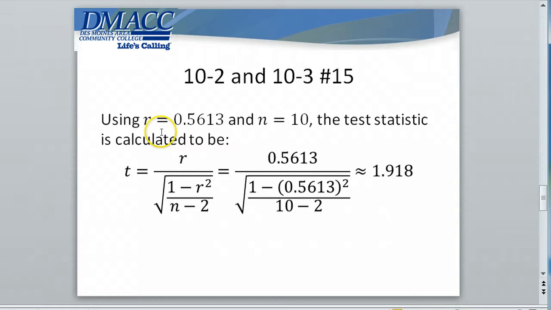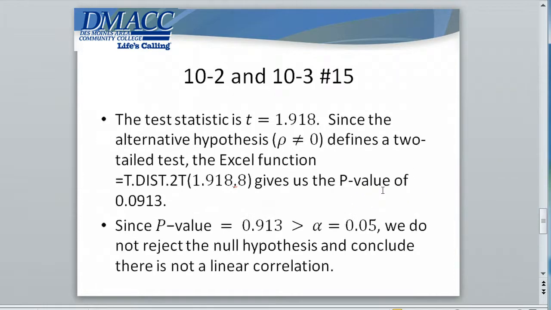So, taking our value of r, 0.5613, and our sample size of 10 pairs of data, we get a test statistic of 1.918. Now that we have the test statistic, we can compare that to potential critical values, or we can calculate the p-value using 8 degrees of freedom, n minus 2, in the direction of this test statistic.